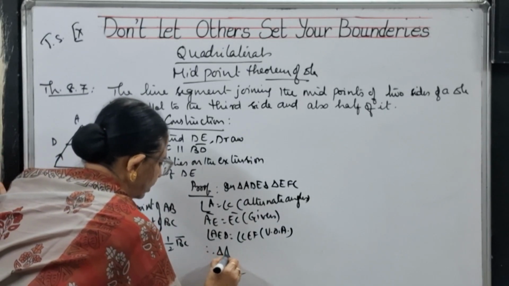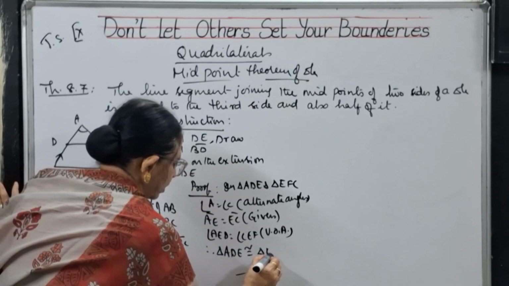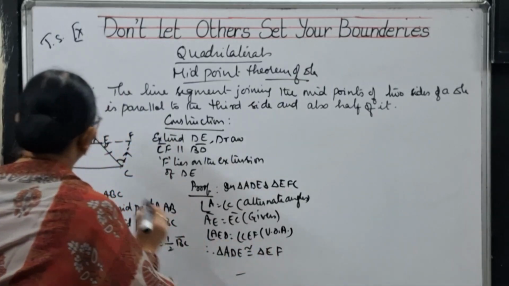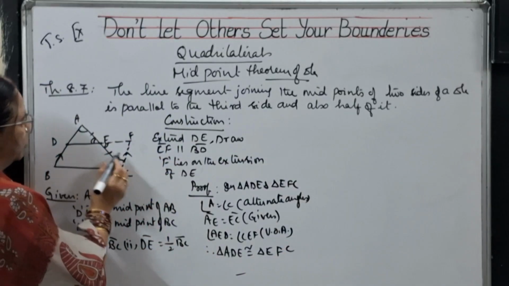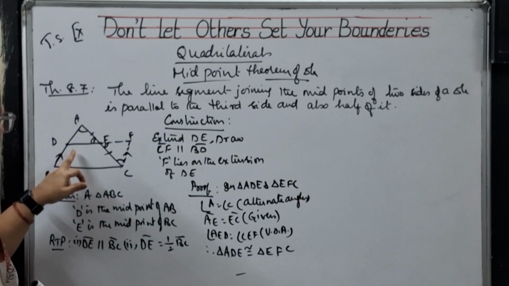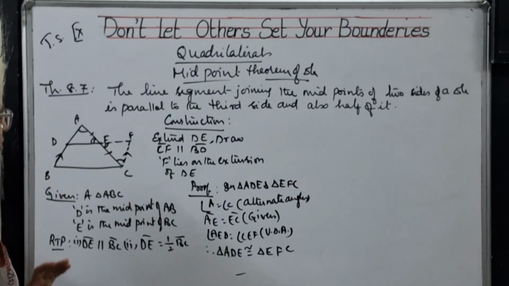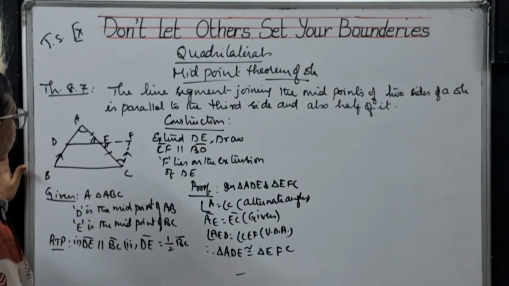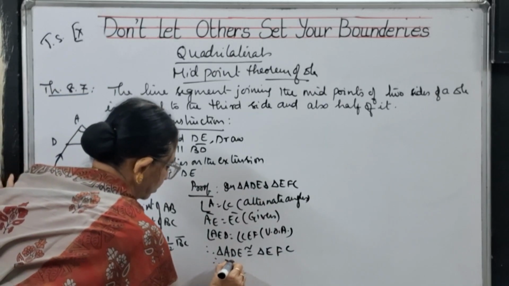Therefore, triangle ADE is congruent to triangle EFC. So when these two triangles are congruent, what can you say? DE is equal to EF. Let me write that also.